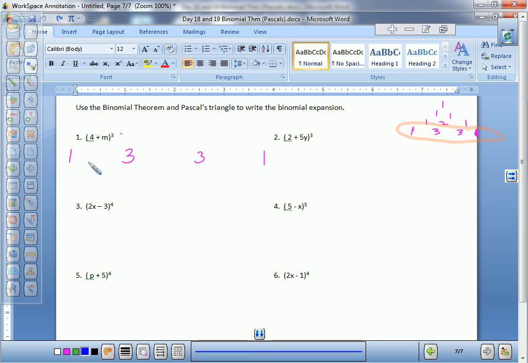Okay, and then every time we take the first term and raise it to this power. And then for the next one, we go down 1. And then for the next one, we go down 1. Down 1. And for the next one, we go down 1.